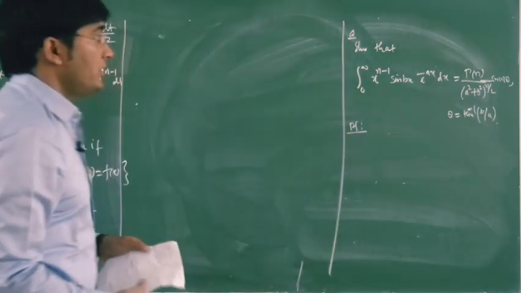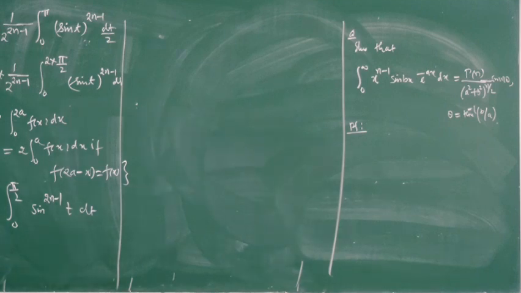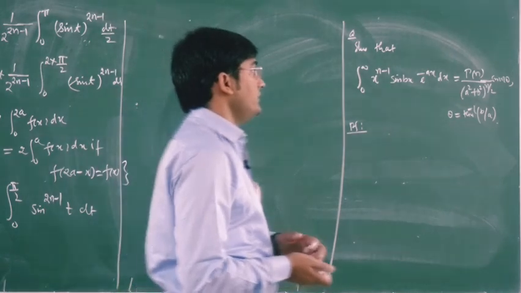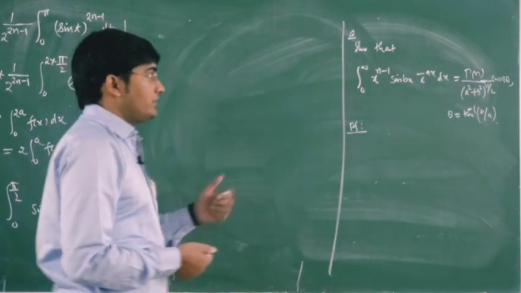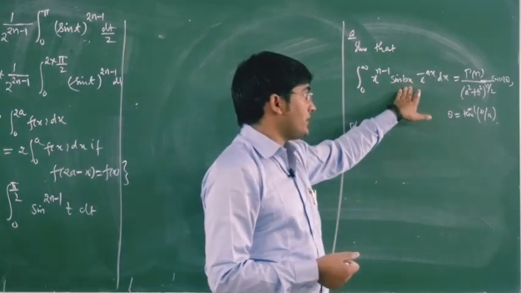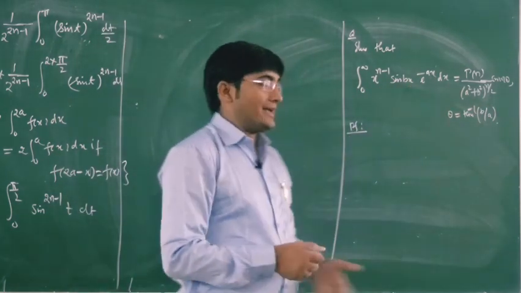So here we have to prove that the value of this integral is equal to gamma n upon a square plus b square whole power n by 2 into sine n theta. And if we take cos bx, then we will get cos n theta.